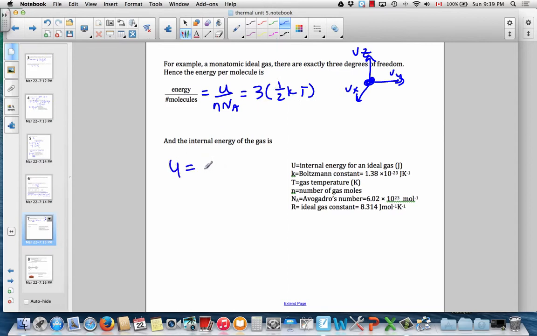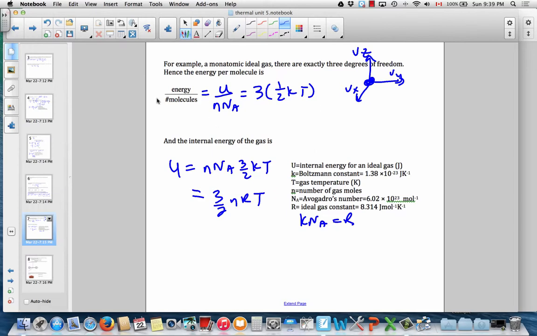So cross-multiplying, and then rearranging a little bit and remembering that k times Na is exactly the gas constant R, we get 3/2 nRT for the internal energy of an ideal monatomic gas.